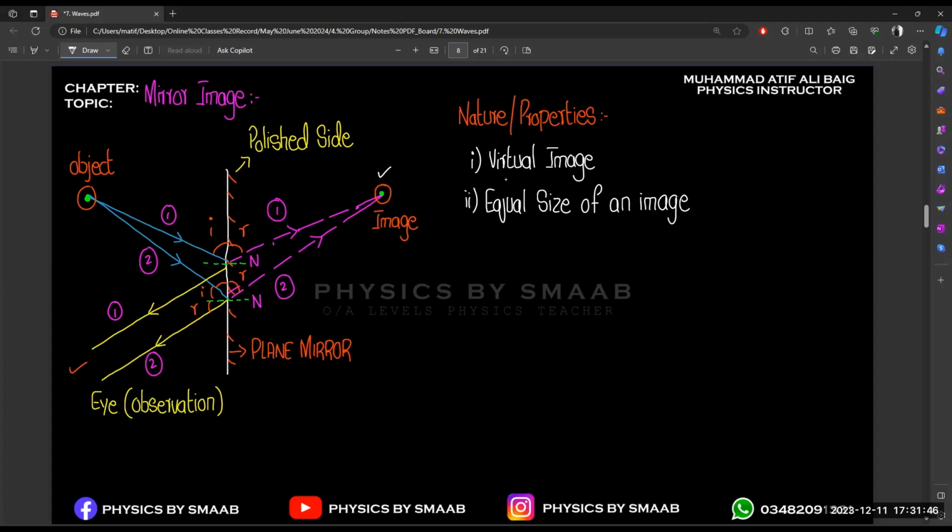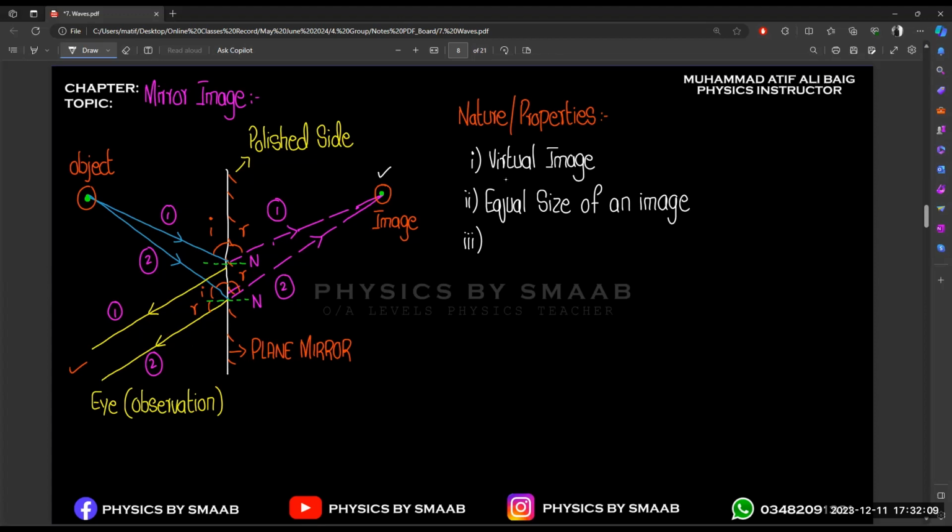And one more important thing, if we place any object, right and left is inverted. Your right side will shift towards left in the mirror, and your left side will shift towards right. But if we talk about up and down side, up and down side remains the same, right?